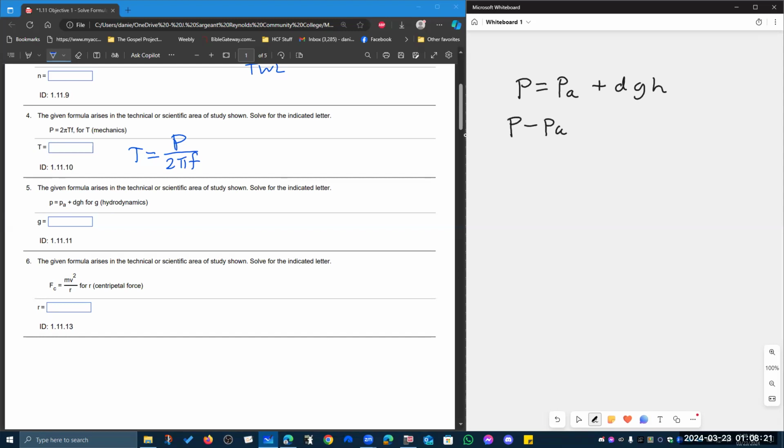P minus P sub A is equal to DGH. Then we're going to divide by D and H on both sides to get G by itself. And G is equal to P minus P sub A over DH.